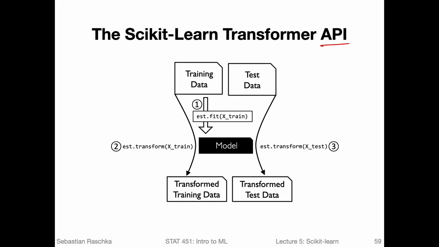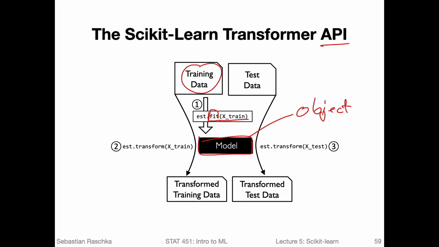So here I'm just outlining the general concept behind transformer types in scikit-learn. Similar to the estimators, we have a fit method. We have a training data set typically, and then we call fit on this training data set. Then we get a model, or you can also think of it as a transformer object.